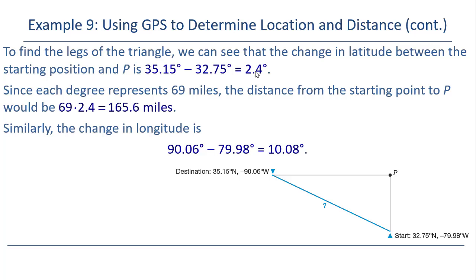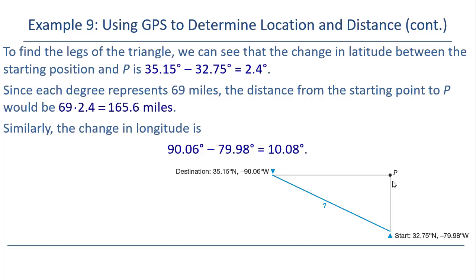And then we can convert that into miles because we're told that there are 69 miles in each degree on the globe, right? As you go 1 degree north from the equator, you've traveled a distance of 69 miles. So going from 32.75 up to 35.15, that line of latitude represents traveling 165.6 miles.